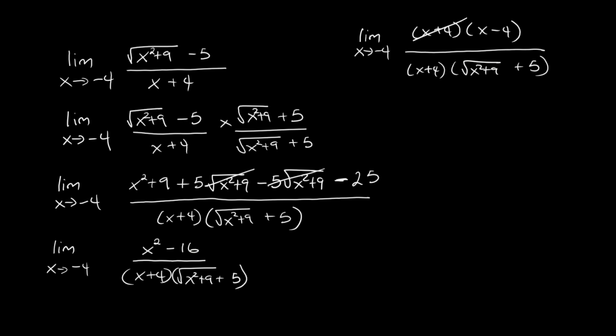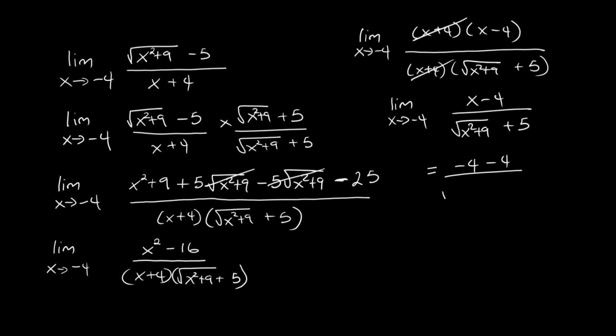Now these two would cancel, and so we're left to find the limit as x approaches -4 of x minus 4 divided by the square root of x squared plus 9 plus 5. We can go ahead and try our direct substitution now. And so this becomes -4 minus 4 divided by the square root of -4 squared plus 9 plus 5.